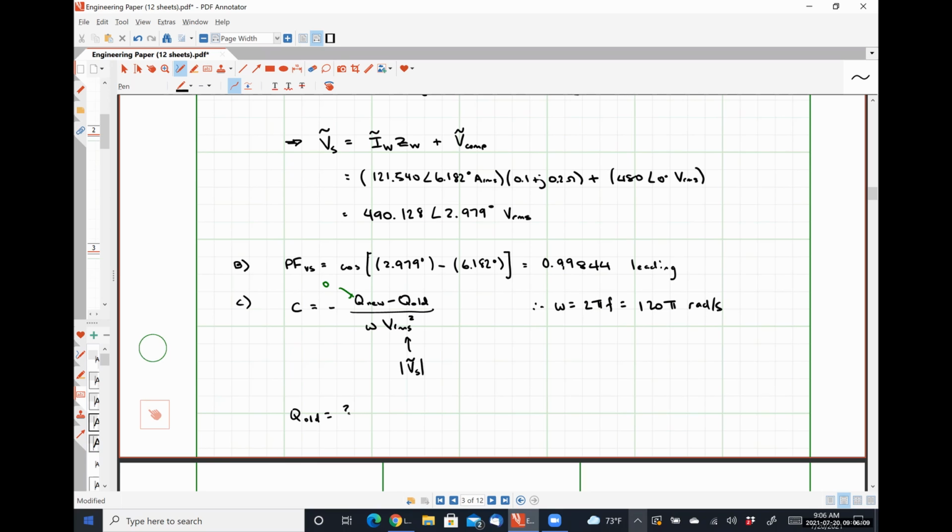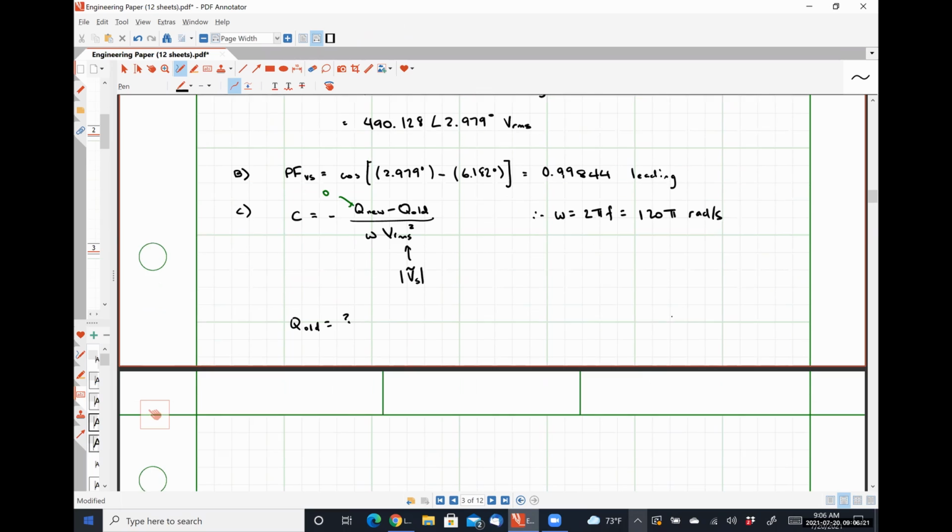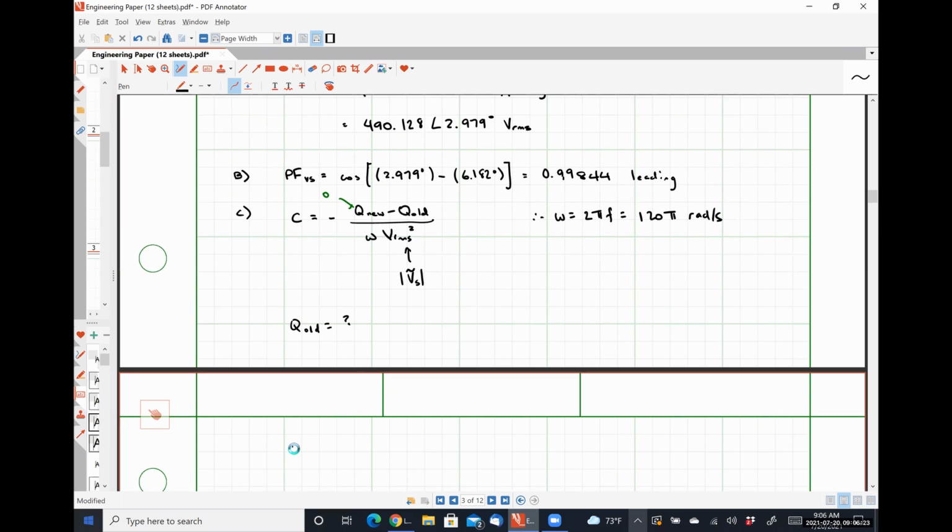So it stands to reason that if we can find the complex power supplied by our voltage source, the imaginary portion of that is the Q old that we're looking for, right? So S of Vs. I think this might literally be the first time that we're actually using the definition of complex power in the original V times I conjugate form.